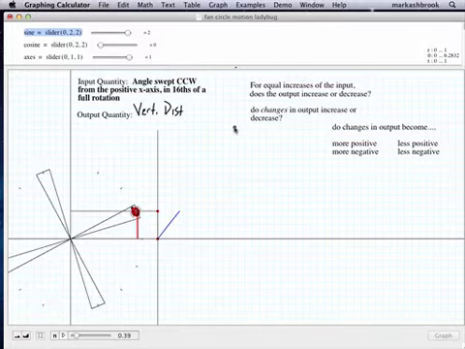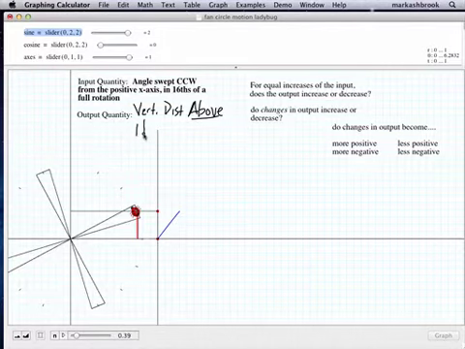Where relative to that horizontal diameter? Yeah, so we want to make sure that we really specify. We're going to say above, so that naturally we'll get this distinction between positive and negative values of vertical distance. So vertical distance above the horizontal diameter.